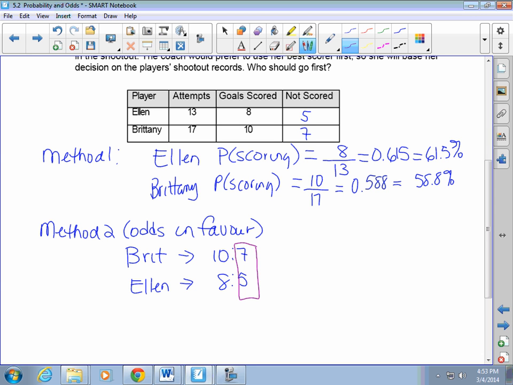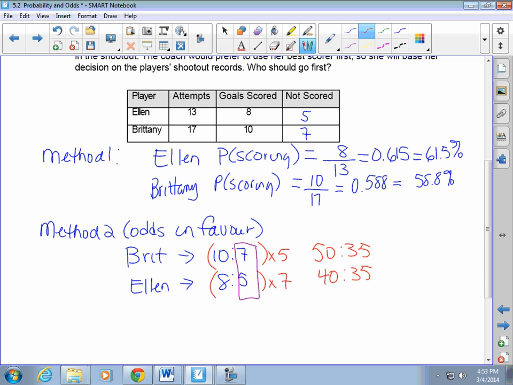So between 7 and 5, my common denominator would be 35, so that would mean I multiply each one of these by 5, and in this one I would multiply by 7. So that would change my odds in favor to 50 to 35 for Brittany, and 40 to 35 for Ellen.